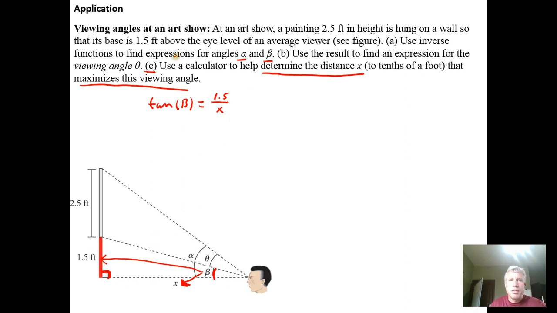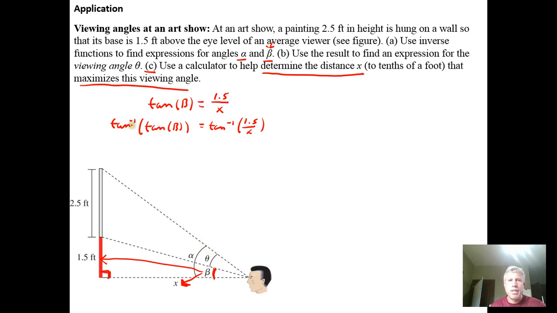And then it says find expressions for beta, which means I need to solve for beta. So I'm going to take the tangent inverse of both sides. Tangent inverse of tangent of beta equals tangent inverse of the side ratio 1.5 over x. And clearly beta is an angle between 0 and 90 degrees, so it's going to be in the range of the tangent inverse function.